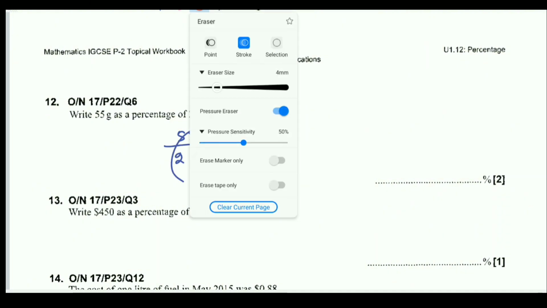Question number 12, write 55 g as a percentage of 2.2 kg. This is also the same question. Their units are different. You can see 55 gram and 2.2 kg. We have to make their units the same. So what we will do here, we simply multiply 2.2 by 1000 to convert it into grams, 2200 grams.